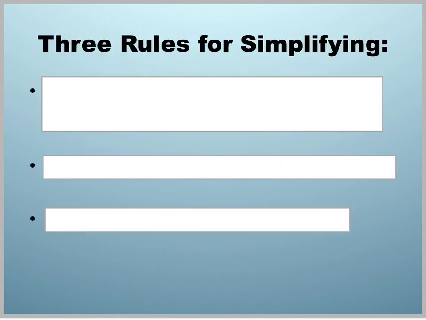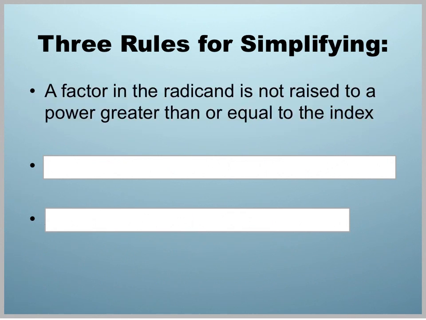Alright, before we get to an example of simplifying radicals, we need to go over three rules that are going to be important. Now, the first rule says a factor in the radicand is not raised to a power greater than or equal to the index. So what does that mean? That's basically saying that we cannot have an exponent that is greater than or equal to the index. If we do, that means we can simplify it more.